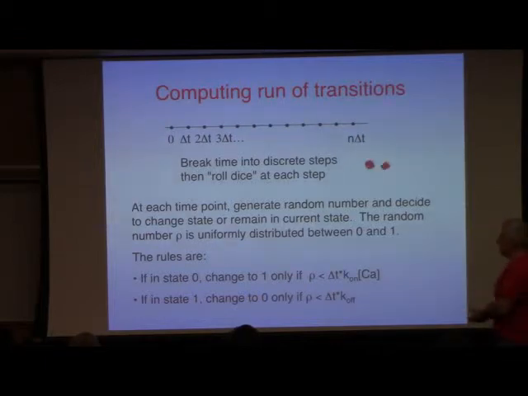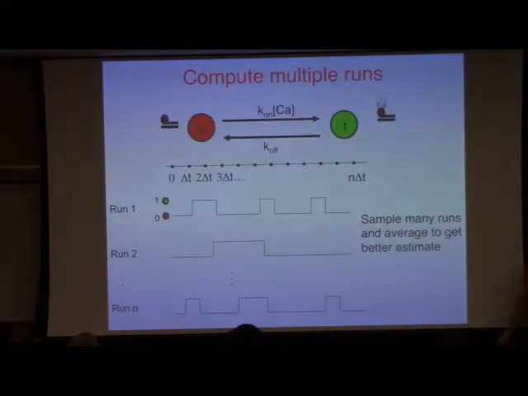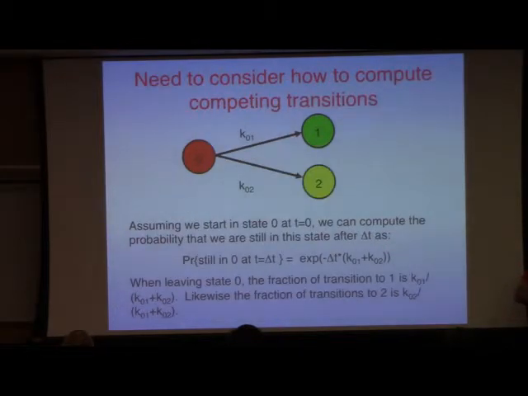The probability is set by your rates, and we draw random numbers. If this was other years, there's a homework problem that shows you how this works. Same as with channels, if you did a bunch of runs, it would be stochastic, but if you average enough, you get towards the steady-state solution.